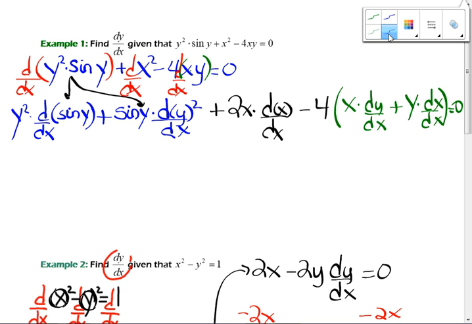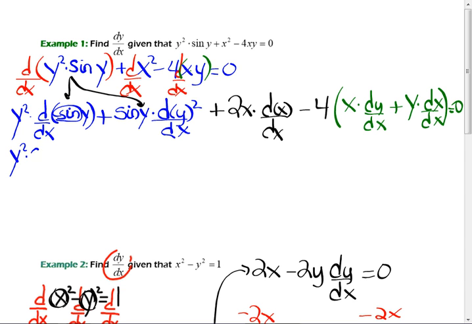I know, it's hard. So this one was the y squared, the first one, times the derivative of the sine of y with respect to x. Now, what's the derivative of the sine function? Cosine of what? Y. Times now the derivative of the inside function. Well, that's dy dx.